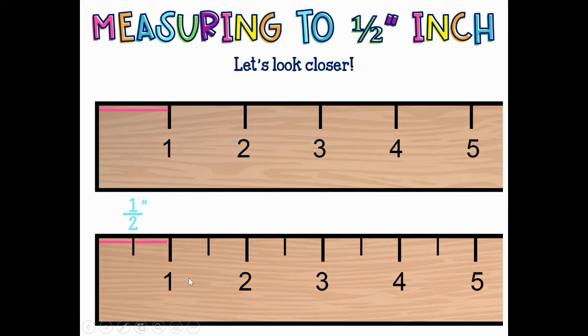After I get to the whole number 1, the tick mark that comes after it would be 1.5. 2 inches, 2.5. 3 inches, 3.5. 4 inches, 4.5, and then we have 5 inches. And you can abbreviate the word inch with these 2 marks next to your measurement.